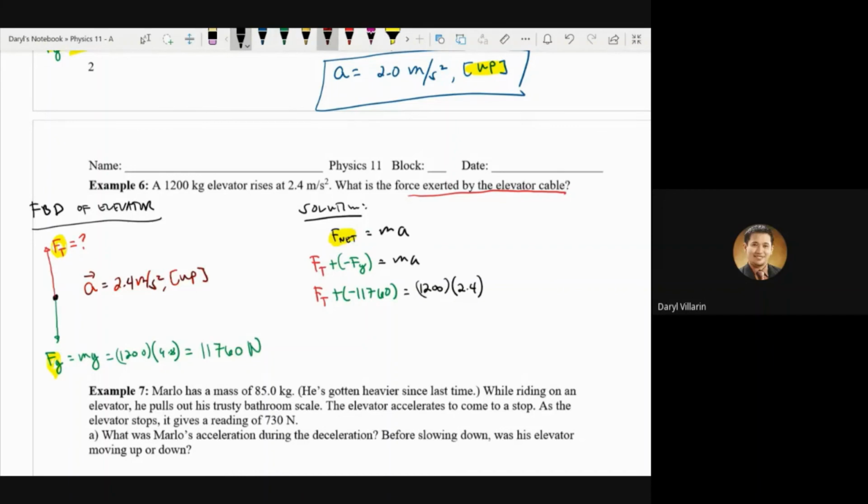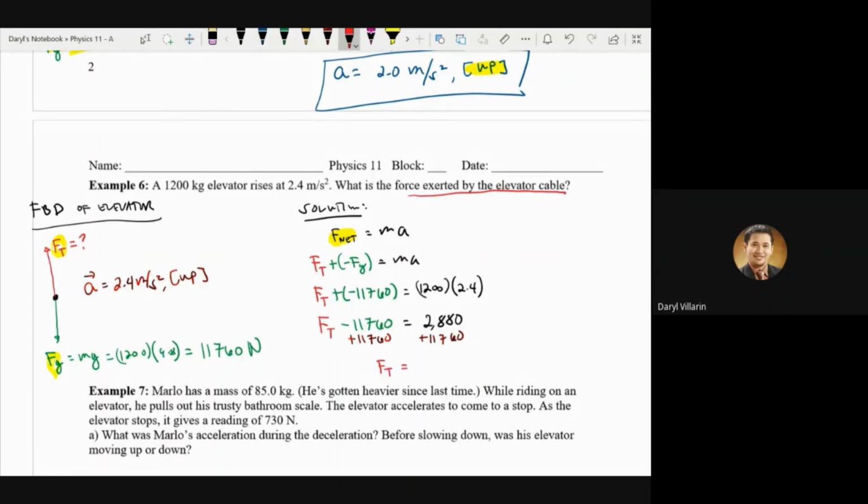Okay, so Ft minus 11,760 is equal to 1,200 times 2.4. That would be 2,880. So to solve for Ft, I'm gonna add both sides by 11,760.